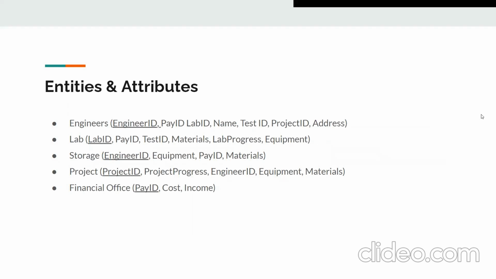The engineer ID is the primary ID for storage. The project ID and pay ID are respectively for project and financial office. So basically we can see from the schemas that each entity will have its own attributes to present and record information, and that will make the whole database more organized.